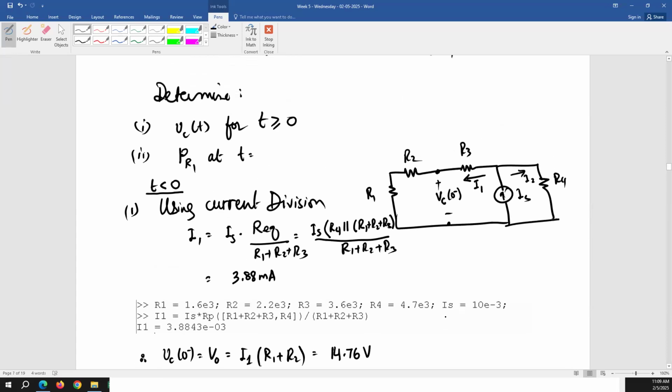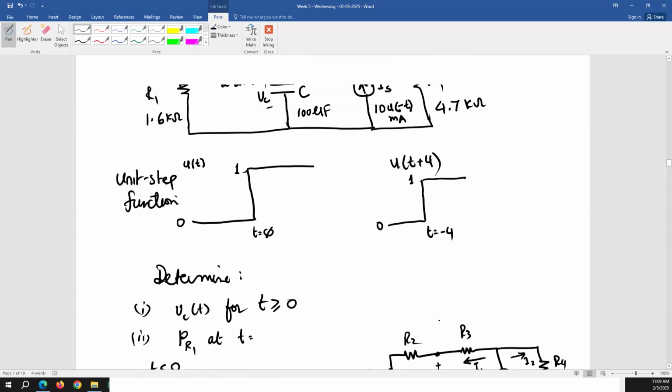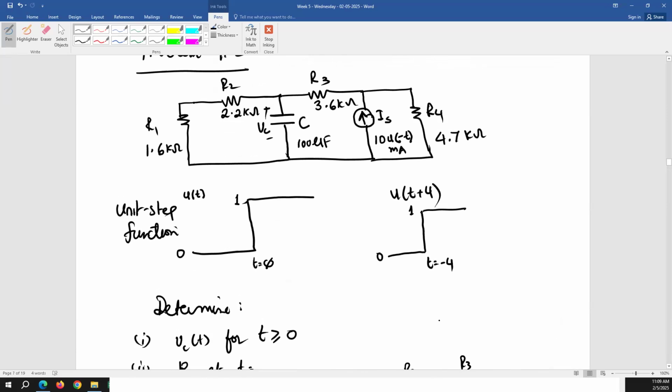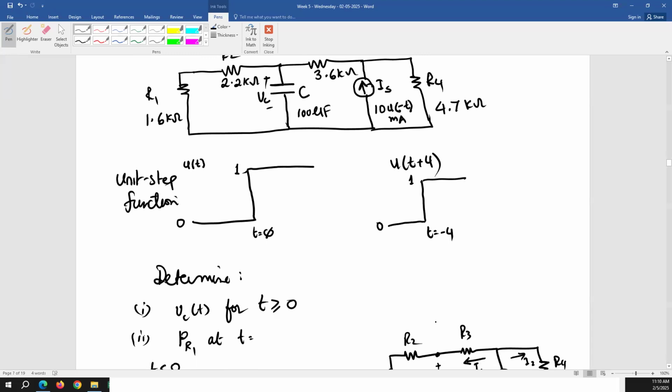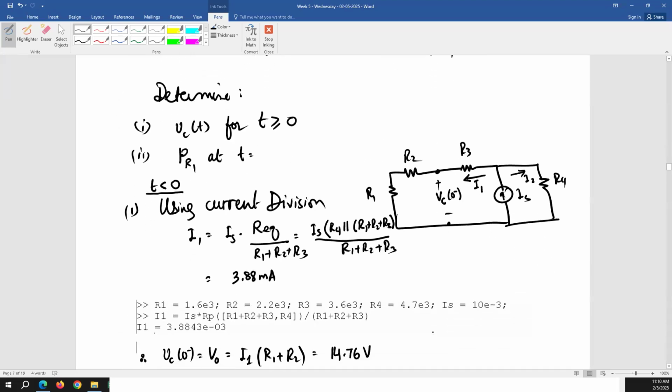Okay, so at t equal to 0, of course, the source is going to disappear. That means we will be left with R2, R1 parallel with C, and that will also be parallel to R3 and R4. So we have two resistors in series on each side of the capacitor when the source becomes an open circuit.